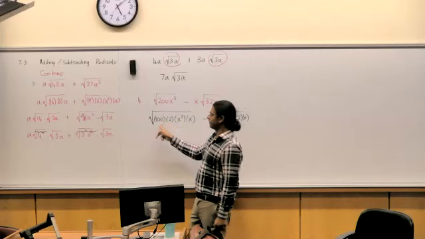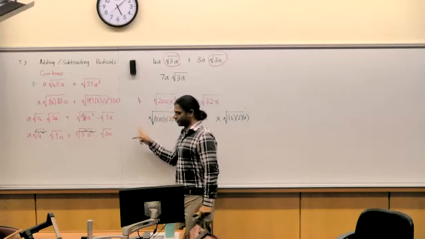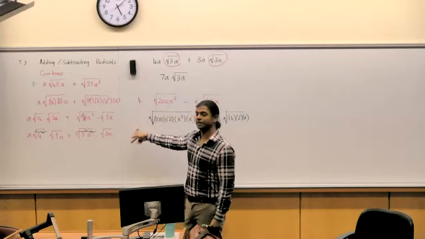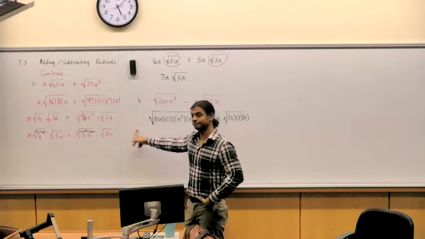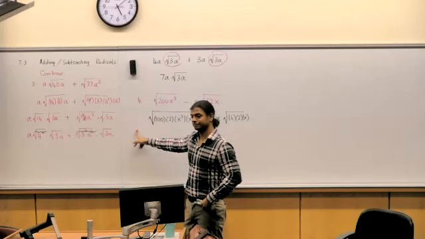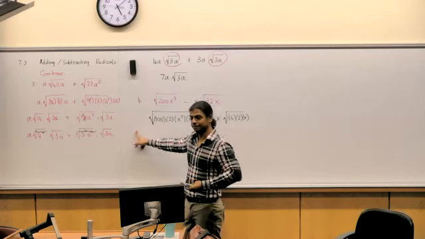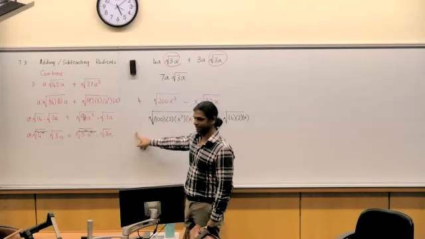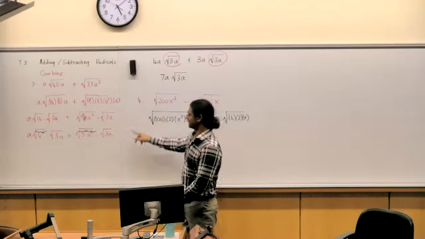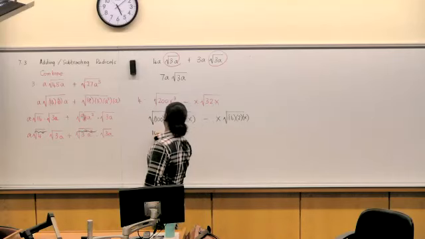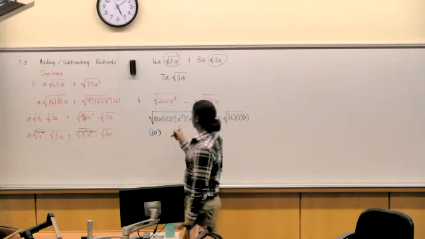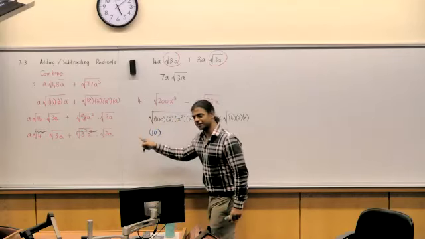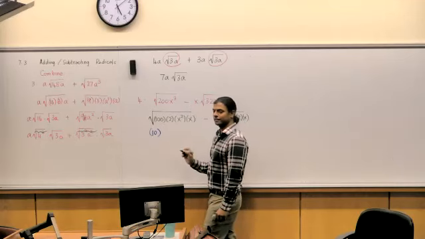100, if you pull it out of the root, it would become 10. If x squared comes out of the root, it becomes x.